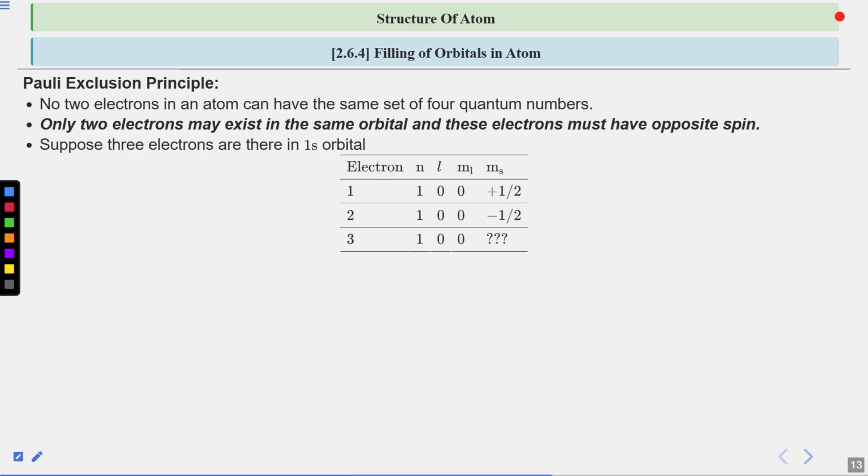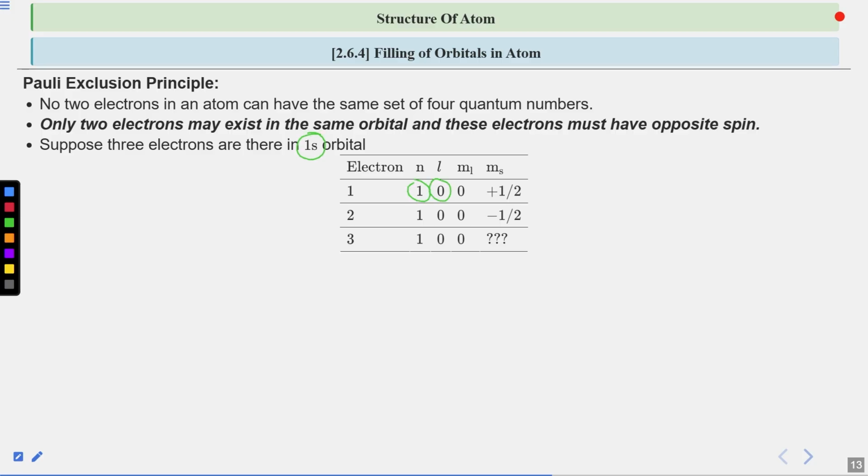So what will be the quantum numbers for each of these? According to the Pauli exclusion principle, no two electrons can have all 4 quantum numbers the same. For the first electron, the principal quantum number will be 1 because it is present in 1s.